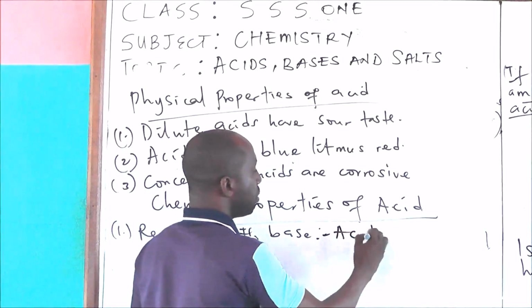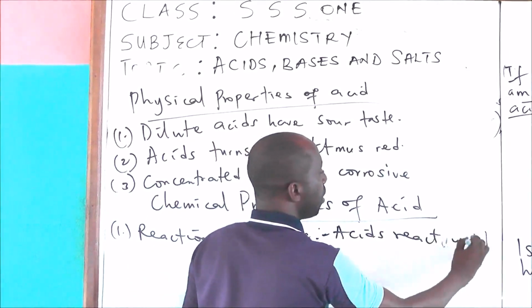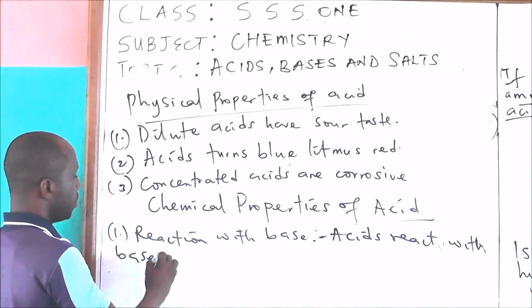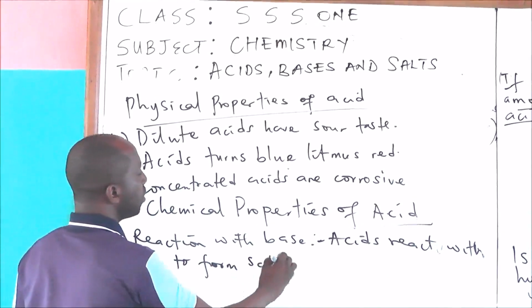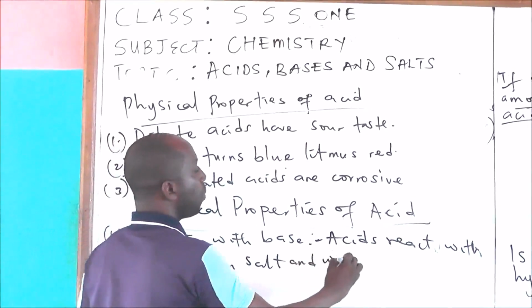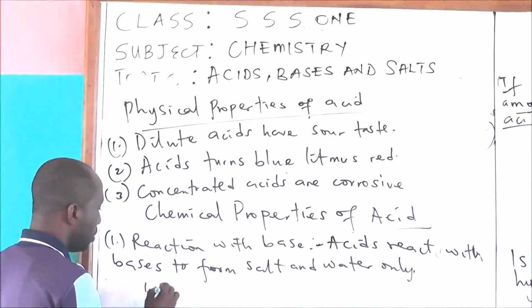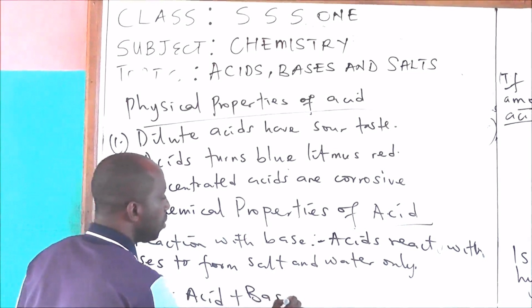So acids react with base to form salt and water only. What we are saying here is when you have acid plus base, you are going to get salt plus water.